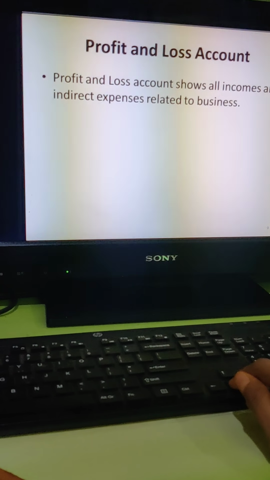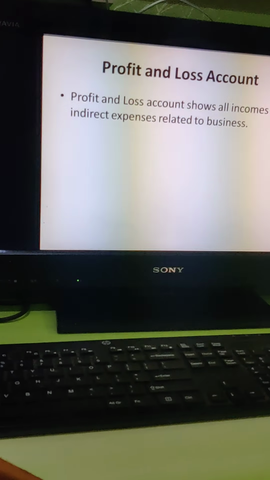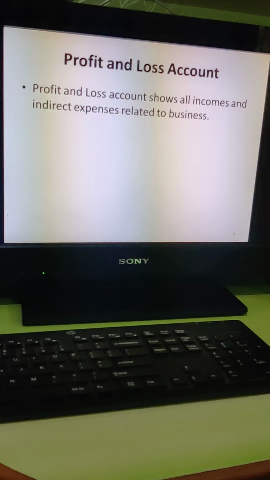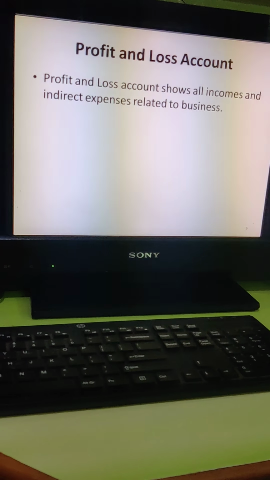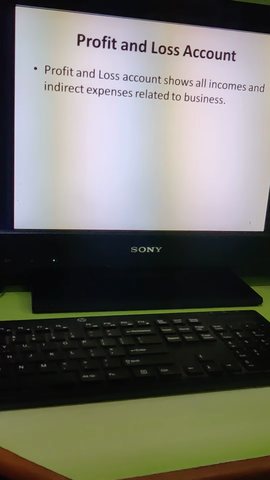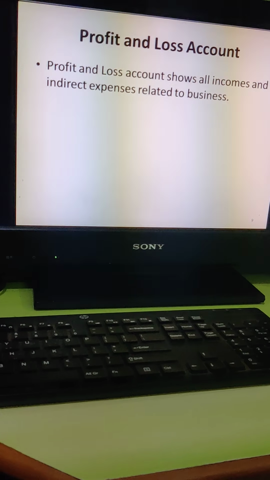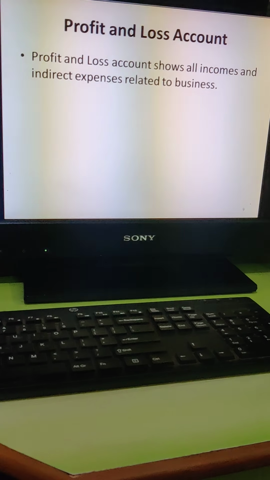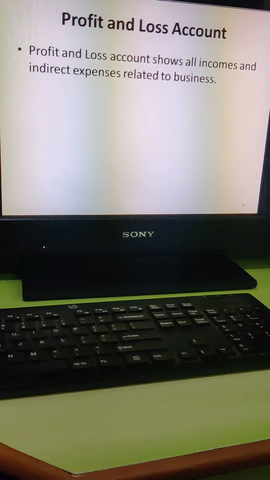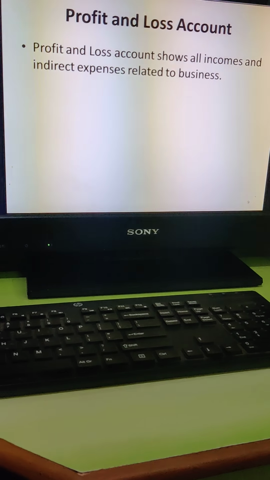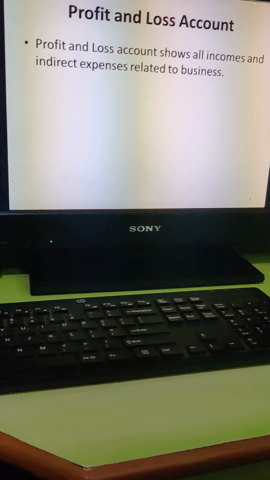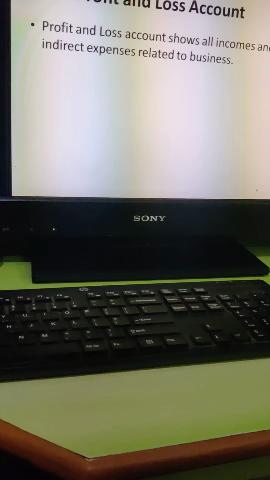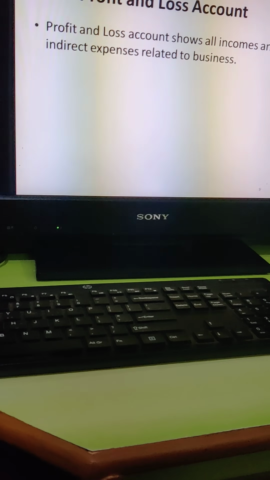So the profit and loss account shows all indirect incomes and indirect expenses related to business. I already mentioned that the trading account shows the direct expenses, the expenses that are directly related to goods, and all expenses and income that are indirectly related to business appear in the profit and loss account.